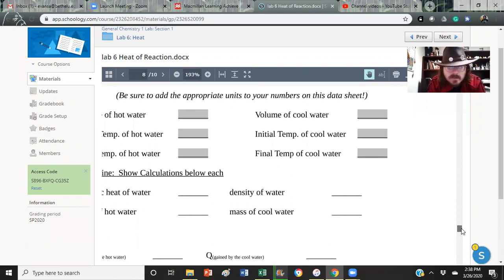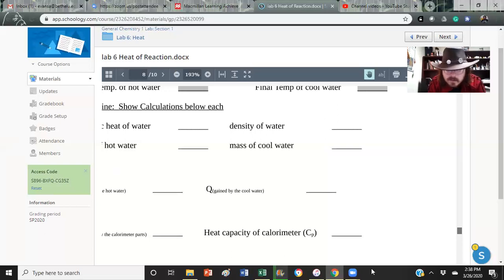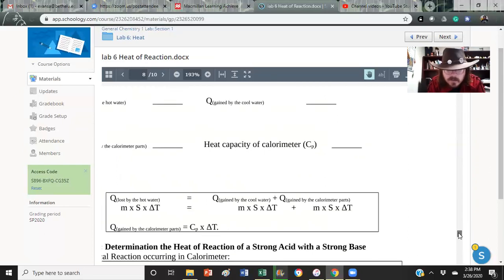So we need the volumes of the hot and cold, the initial temperature of the hot and cold, and the final temperature. Then they talk about the mass, the specific heat, the density, the heat gain, heat loss, and heat capacity. And it shows you something of the calculations. I don't know why they use C sub P there and S there, but it's stupid.